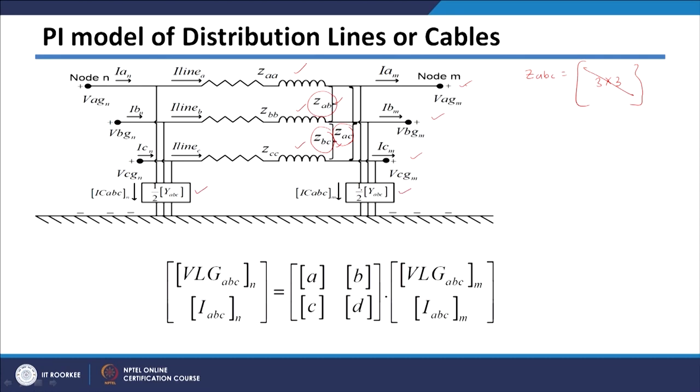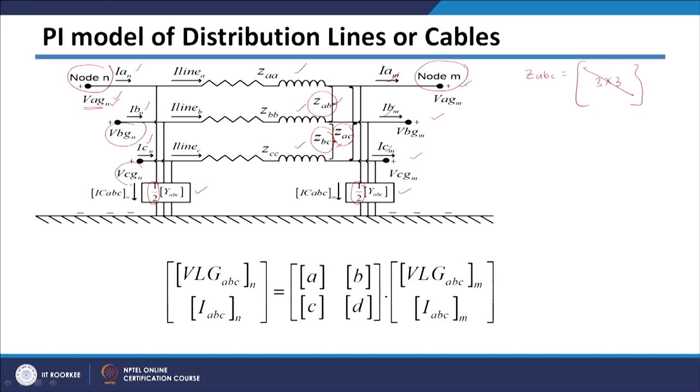Since we are using pi model, half of the admittance is connected at the end and half of the admittance is connected at the source end. And then there are currents IAN, IBN, ICN, which are input currents or source side currents, and then IAM, IBM and ICM, because I am calling this node M and this node N. And voltage is also there: voltage on N side VAGN is the voltage of A with respect to ground at N node.